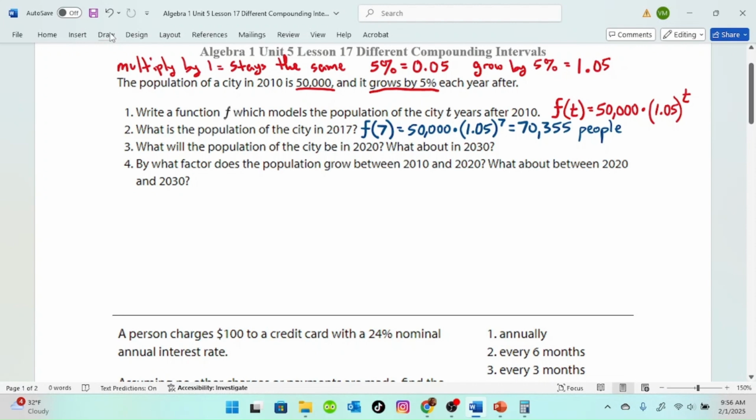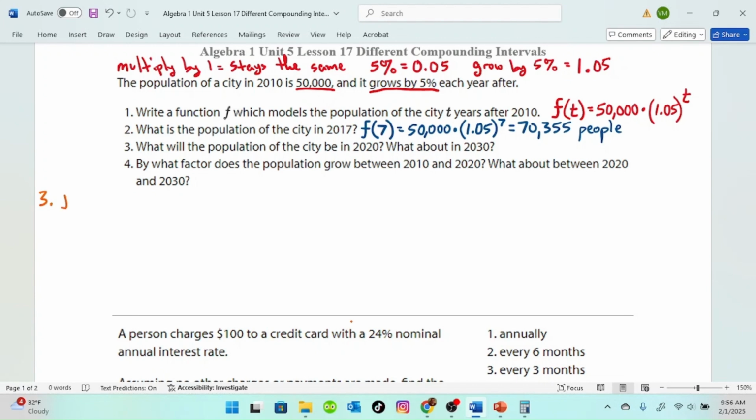Number 3 has 2 parts. First, what will the population of the city be in 2020? And then, what will the population be in 2030? So first, if we're talking about 2020, then that is 10 years after 2010.